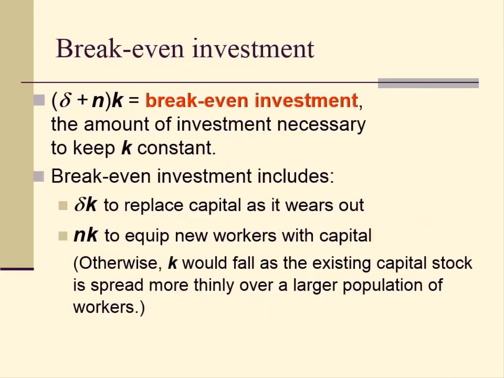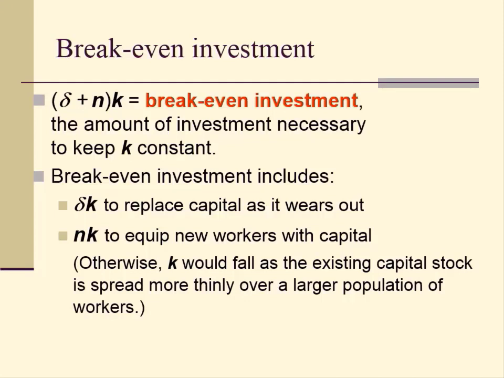The difference this makes to the model is the change in the capital stock. That is, the change in capital stock per worker equals investment per worker minus, inside the bracket, depreciation per worker delta K plus nK, close the bracket, which is equal to s times f of k minus delta k minus nk, or s times f of k minus, inside the bracket, delta plus n, close the bracket, times k.